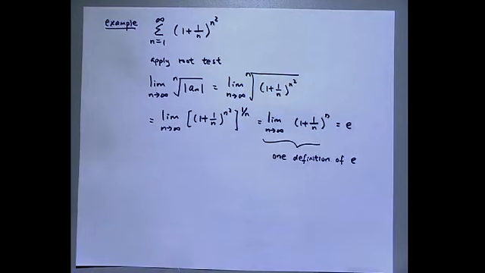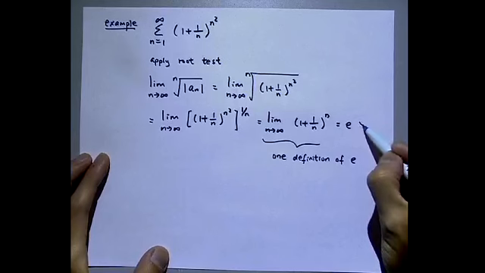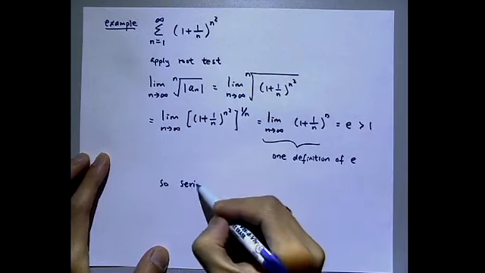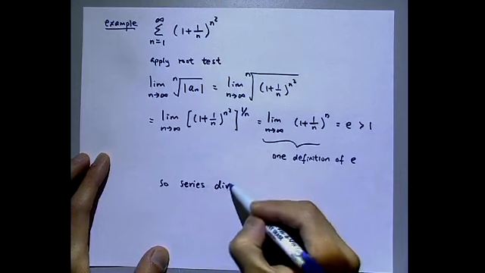You can define e in many different ways. That's one way to define it. So this thing goes to e. And the root test says we want that to be less than 1 for that series to converge. And e is, of course, greater than 1. So the series diverges.